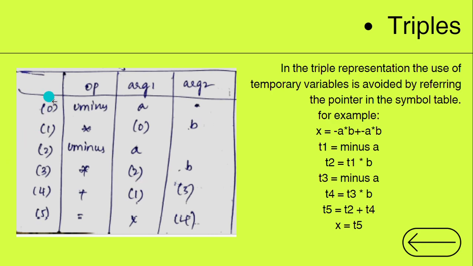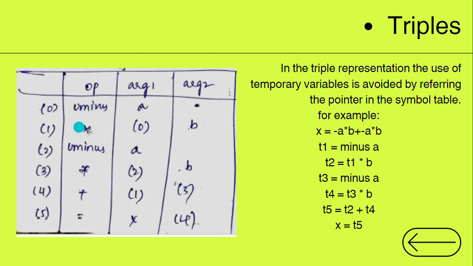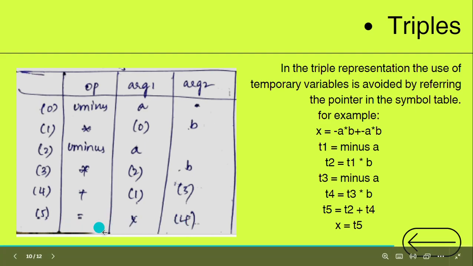So 0, 1, 2, 3, 4, 5 are the pointers. Minus A is stored in pointer 0, like that, into, and pointer 0 is calculated and stored in pointer 1. This is also stored in pointer 2, and in pointer 3 we are calculating like this, and we are adding pointers 1 and 3, and storing the total result in the fifth pointer.